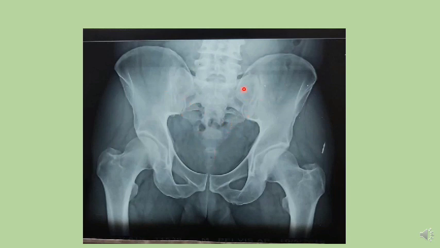Sacroiliac joints are seen and with soft tissue shadows around. So you might have to identify the parts of hip bone. This is ilium, this is acetabular fossa, and this is pubic symphysis, which are coming together, pubic bones, and this is ischium. Ischium. I cannot say which is right and left because there is no mark here.